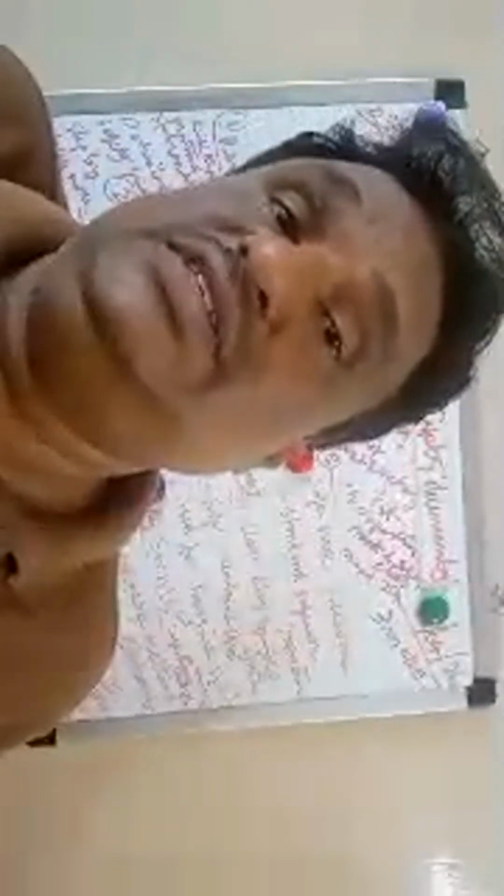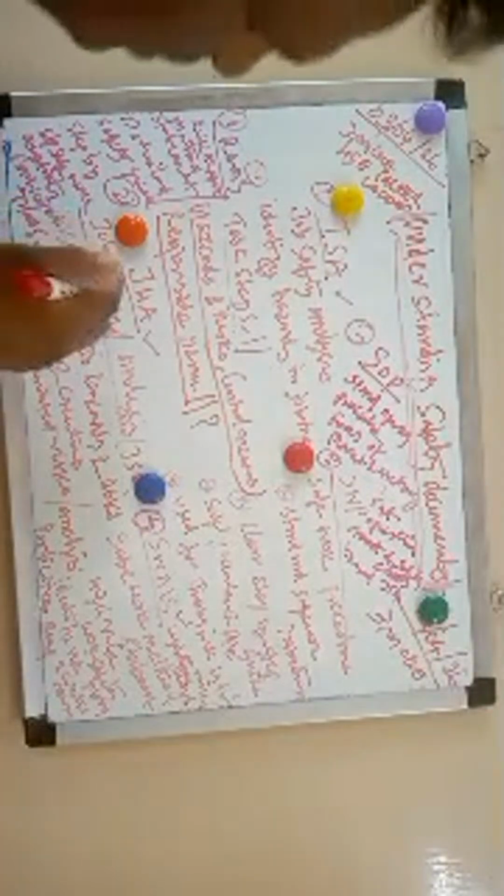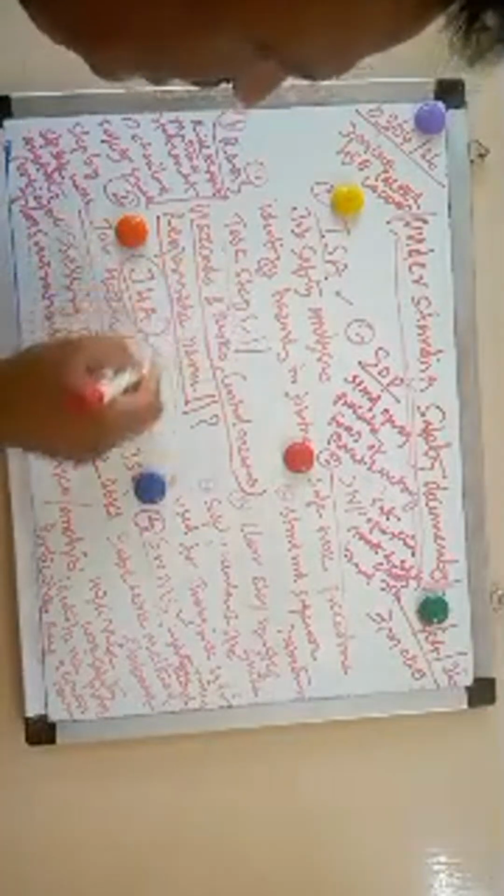When you are conducting it, you have to break each and every job into tasks, step by step: 1, 2, 3, 4, 5. In the tasks, you have to identify the hazards, risks, control measures, and the responsible person for those hazards. That is what we are talking about, the job safety analysis. Okay. Then the second one is JHA.